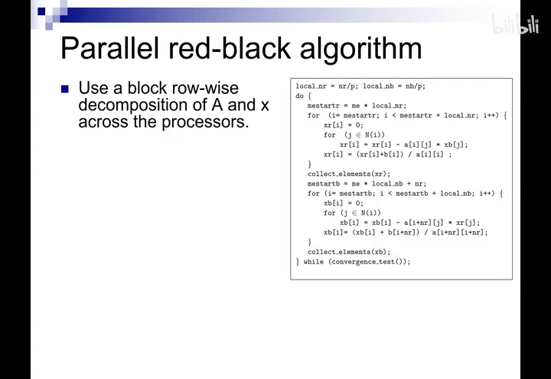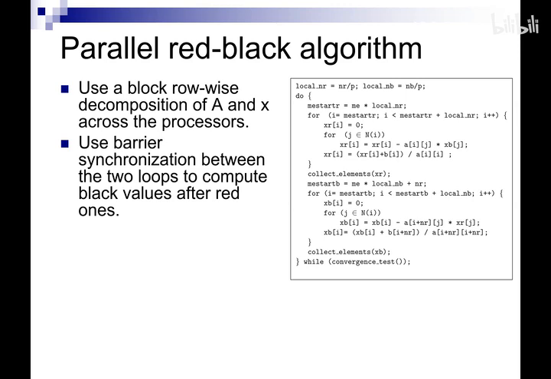Okay, so then lastly, we can write this using MPI or some sort of pseudocode for MPI. So what this is going to do is we're first going to compute in parallel all of the red values. Okay, so X_R is denoting all of the red values, right? And this is using the black values, but from iteration k, right? And then after that, you're going to do a barrier over here, right? Because you need to finish computing all of the red values for iteration k plus 1, right?